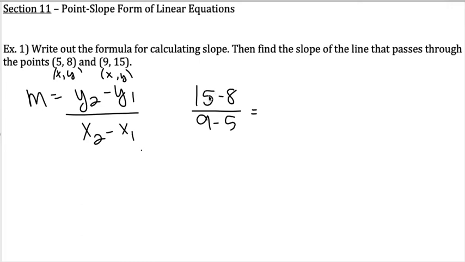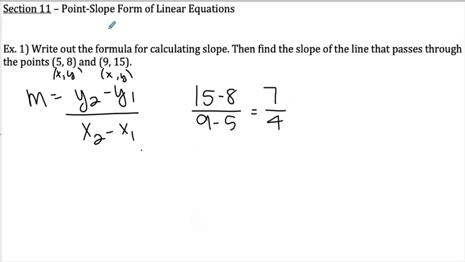And so 15 minus 8 is 7, 9 minus 5 is, oops, I have a mistake there. 9 minus 5 is actually 4. And so our slope would be 7/4.